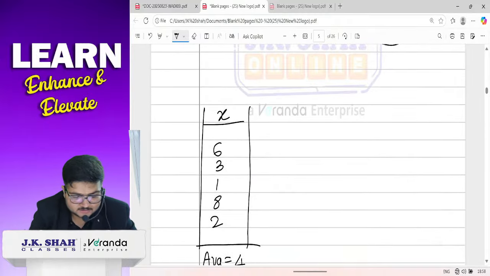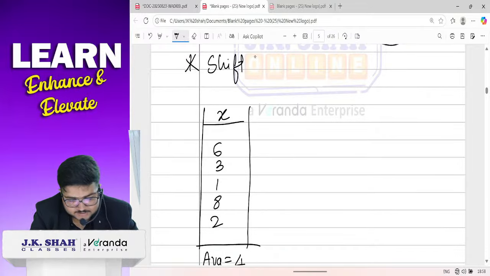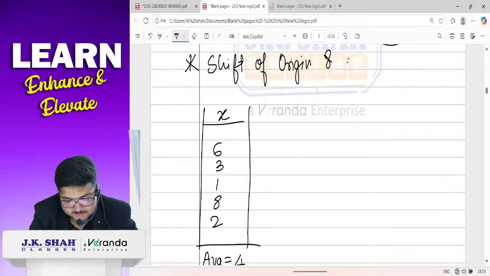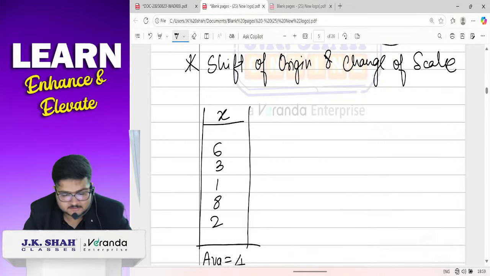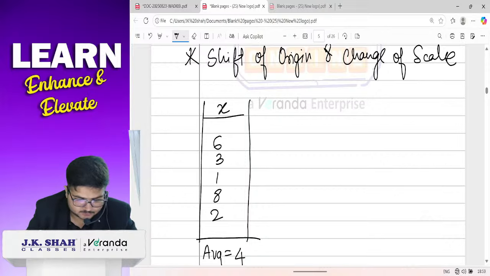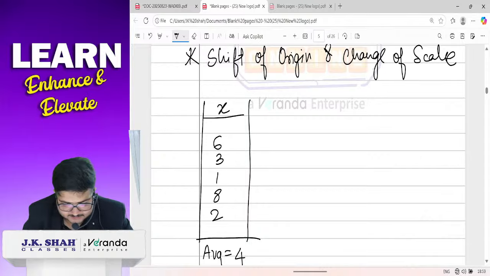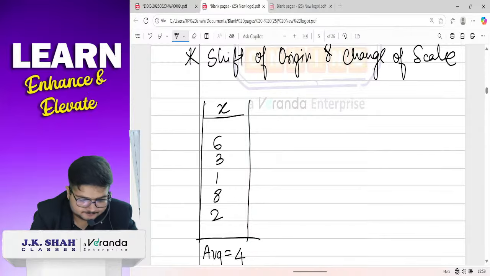Now this is the concept of shift of origin and change of scale. This is basically a topic of average. It is very simple.